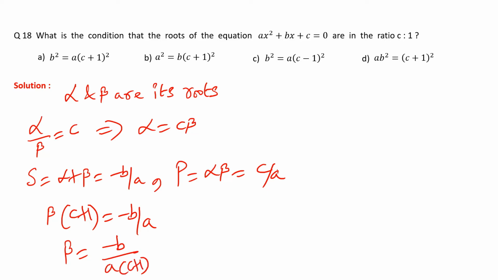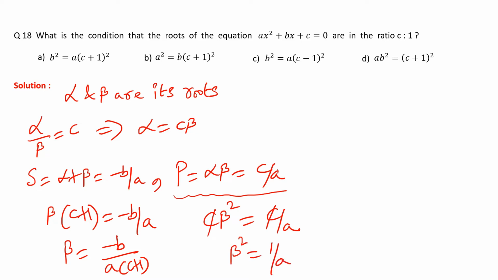Now students, we have the product alpha beta equal to c upon a. Now alpha was what? Alpha was c beta. So this becomes c beta square equal to c upon a, or beta square equal to 1 upon a. So actually we have found the value of beta square.